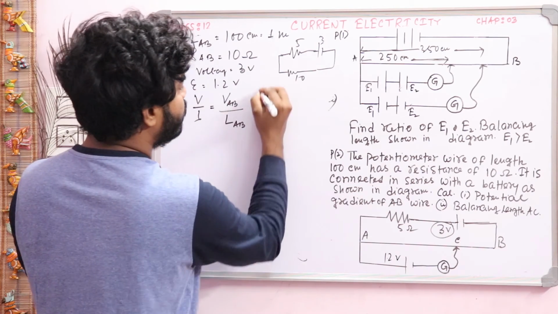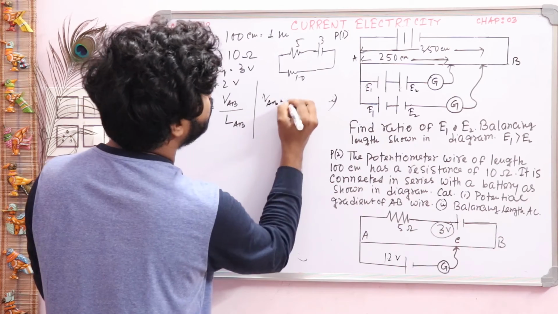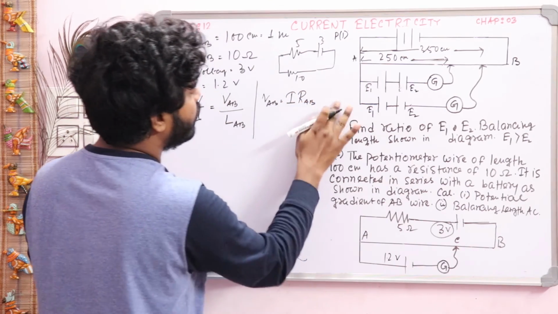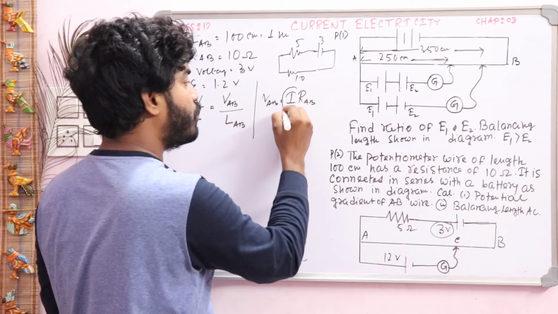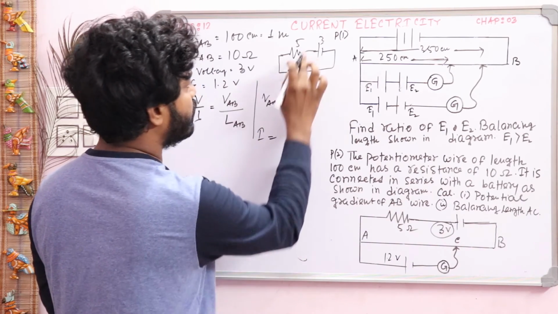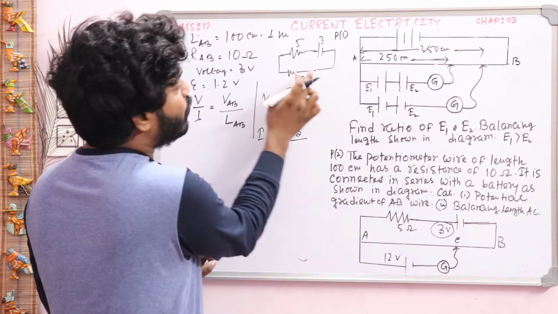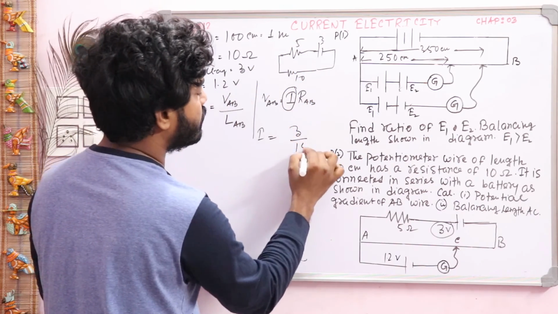So for finding VAB, you have to find out current into RAB, right? You know the value of RAB, so here you have to find out the total current for this circuit. So at first find out the current for this circuit. For current, that is total voltage 3 and total resistance, see 5 and 10 are connected in series, so total resistance 15.